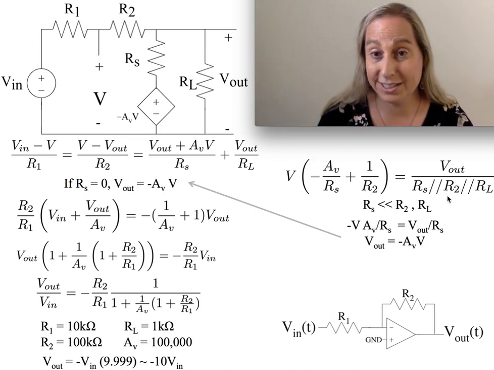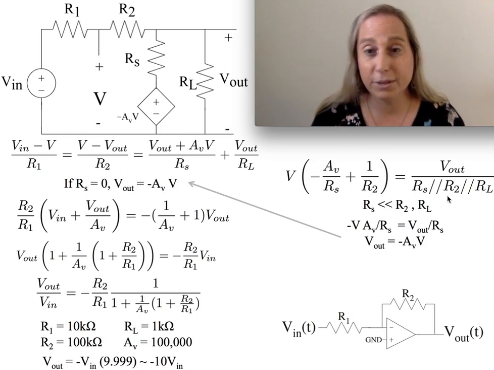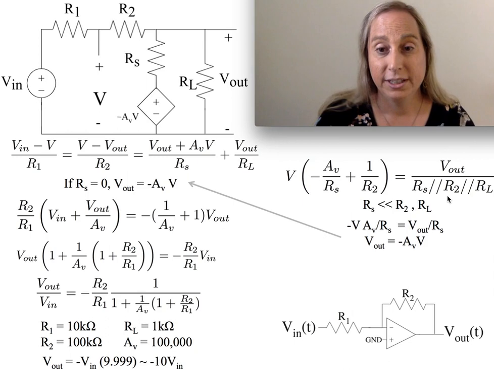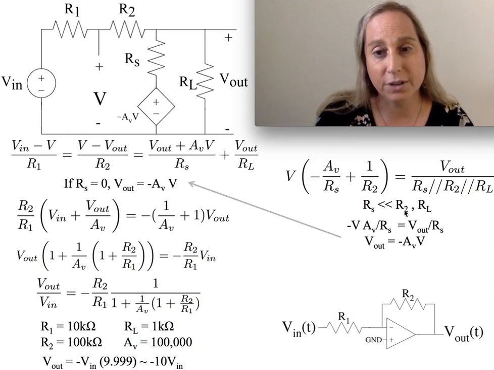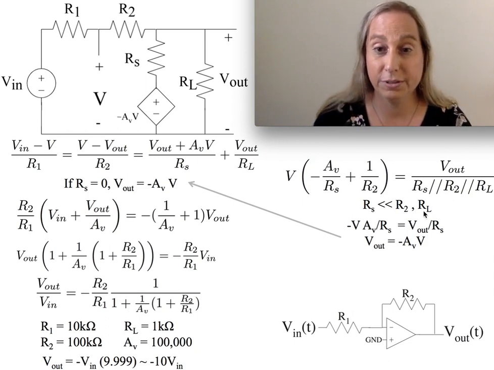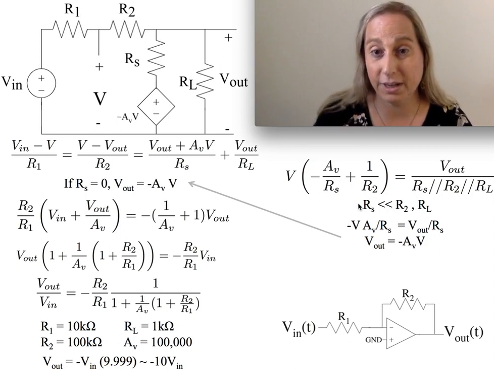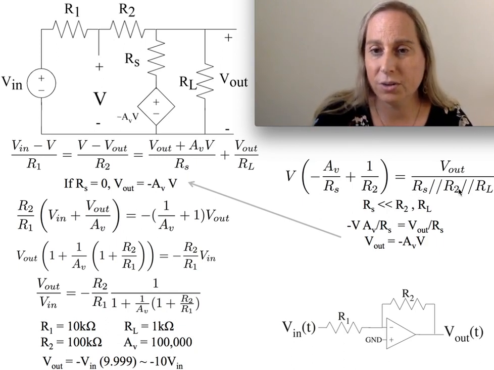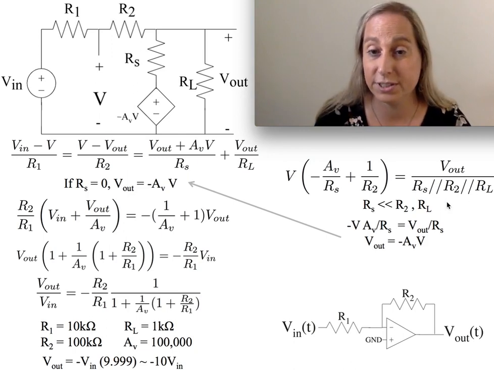Now in general, RS is small. If you're going to build this kind of system, typically RS is small, so I'm going to look at that particular case. If RS is significantly smaller than R2 and RL, which is pretty typical to expect, and I have at least a little bit of A sub V that's bigger than 1, because we're going to typically talk about numbers in that size, then this parallel combination always goes to the smallest of the resistances.